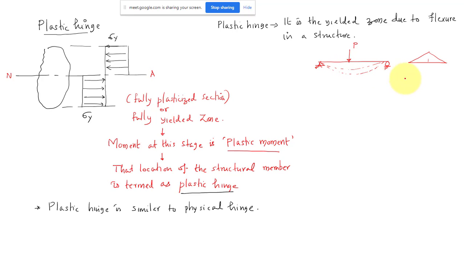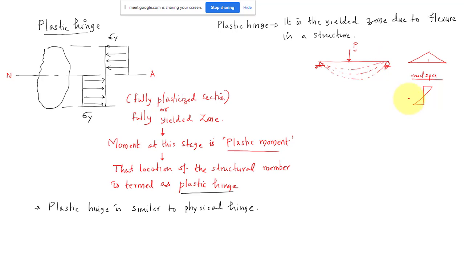That means if you take the mid section, the mid span, for the initial values of load your stress block will be linear, like this. As you keep on increasing the load, the net effect is that the deflection will keep on increasing in your beam. You can see this deflection will keep on increasing like this.